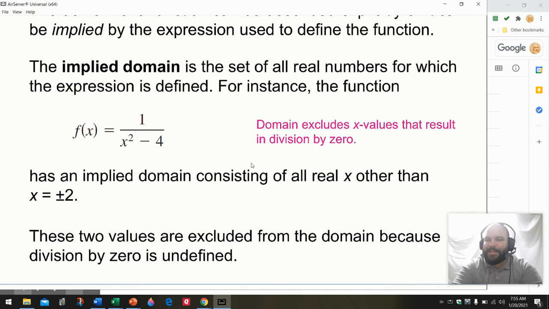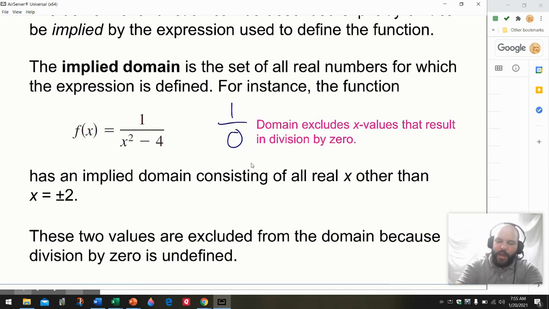In this class, you will have two types of functions that will give you a restricted domain. The first type is what you see in front of you, where you have a variable on the bottom of a fraction. If you have a fraction, you are not allowed to have 0 on the bottom.